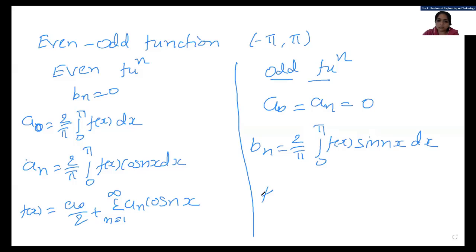Okay, and the Fourier series is summation n 1 to infinity bn sine nx. So this is the formula for the even odd function with the limit minus pi to pi. So today we will continue our lecture with examples of even odd functions.